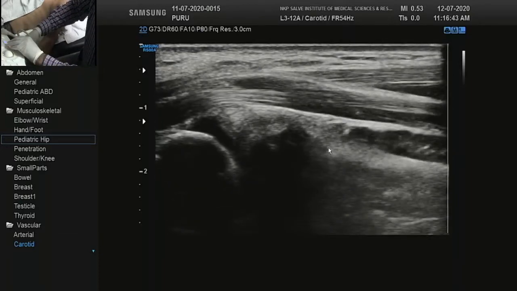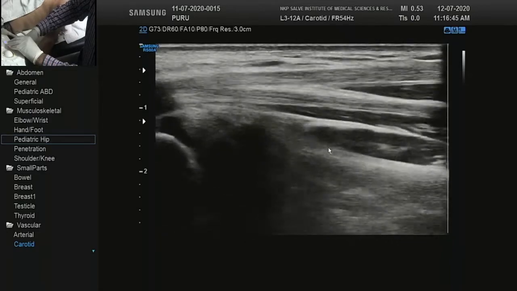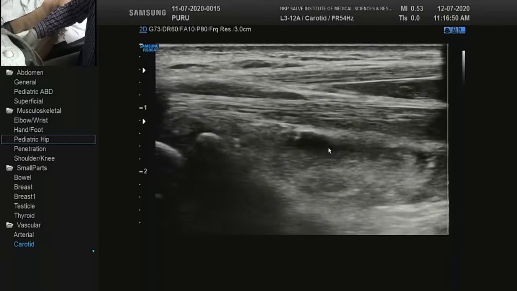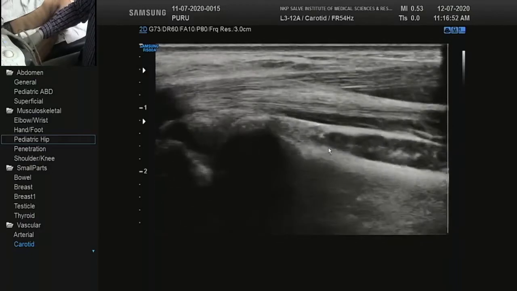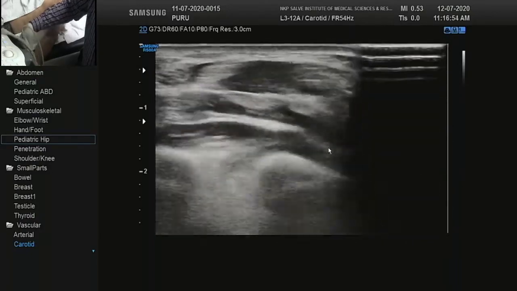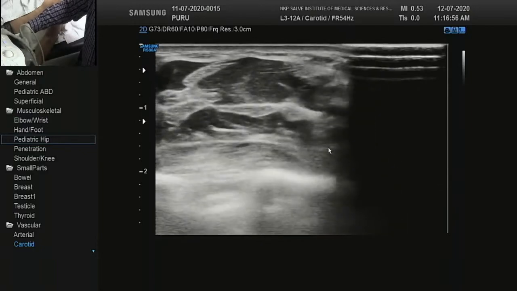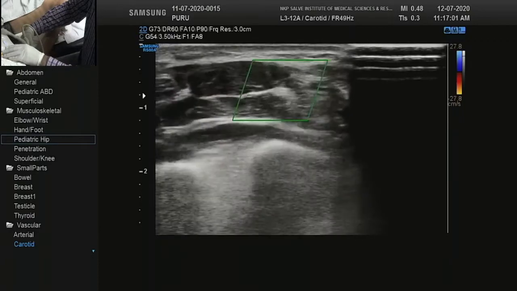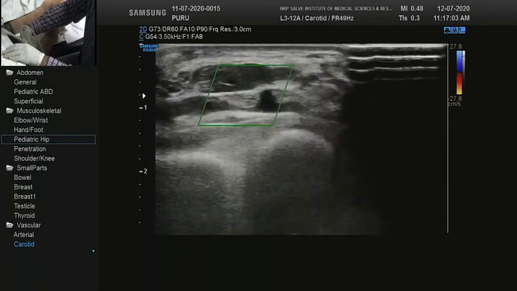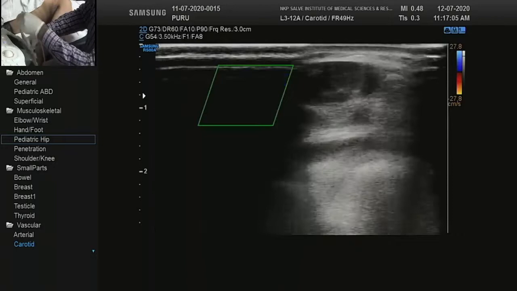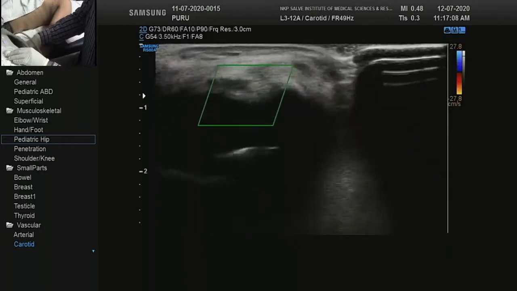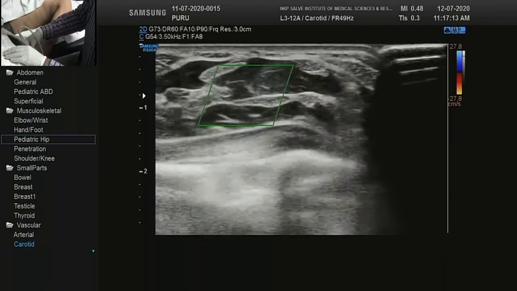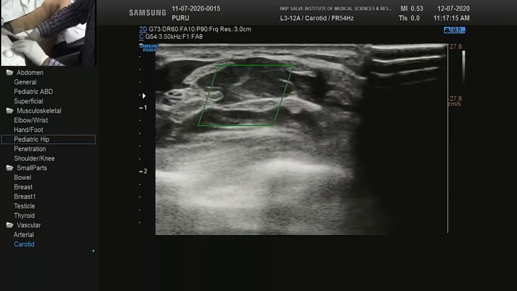I will make a long section here, and that is the ulnar artery here. You can put color and try to see where the artery is. Where is it? Not seen. So we will go back.